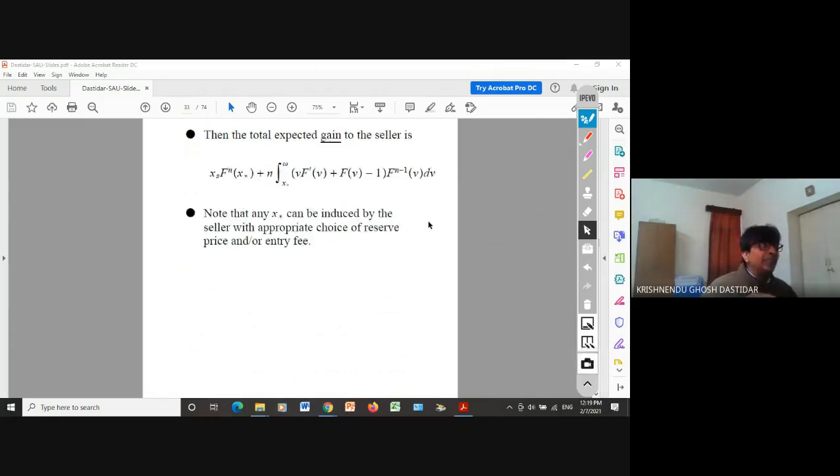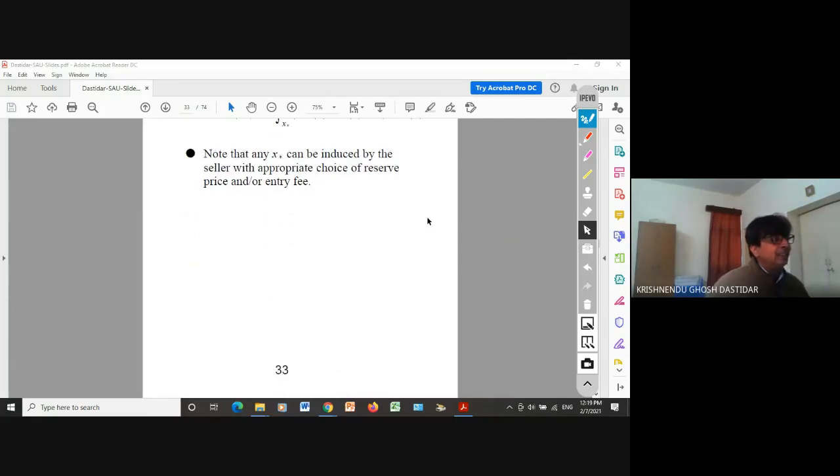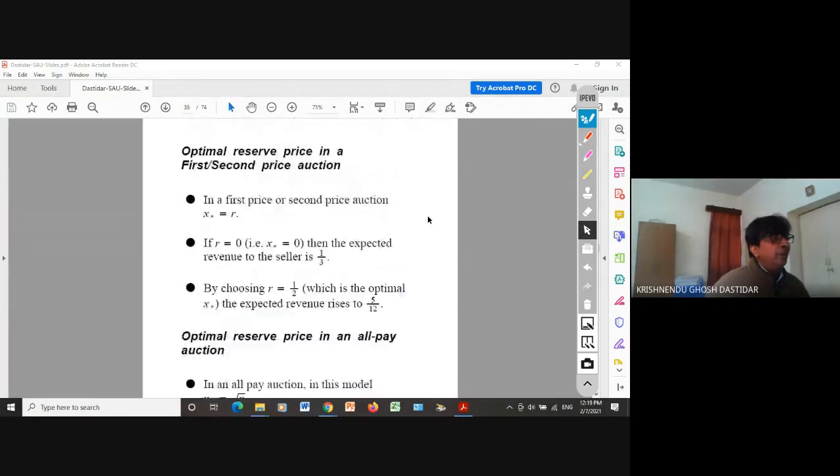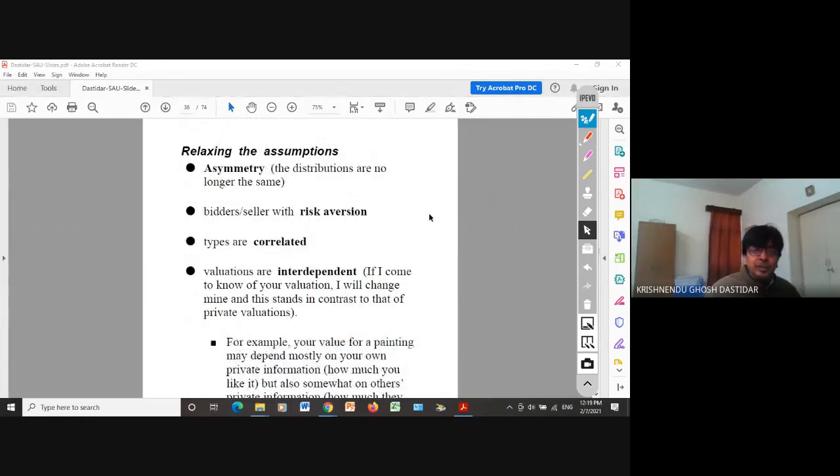And now we have talked about what x star should be induced so as to maximize my gain. As I mentioned before, auction theory is rich enough to relax all the assumptions of the benchmark model, and it has done so.